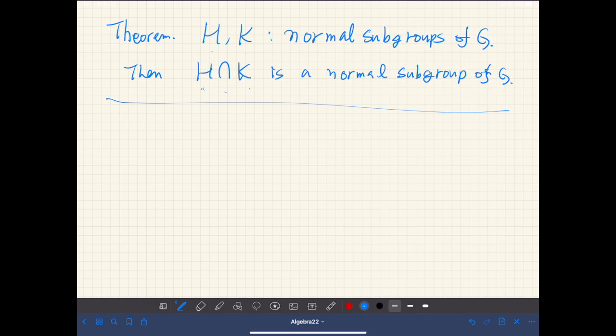But here we also impose this condition, normal subgroups. So normality is also preserved if we take the intersection. That's what this theorem says.